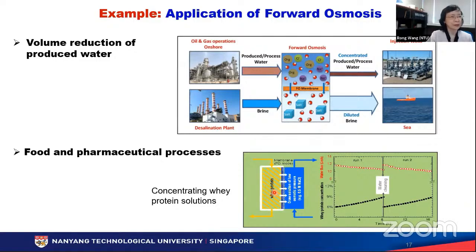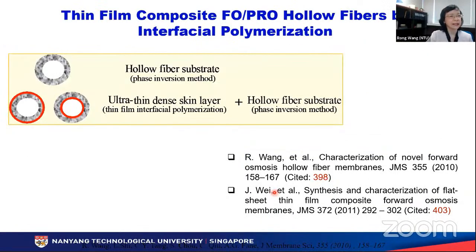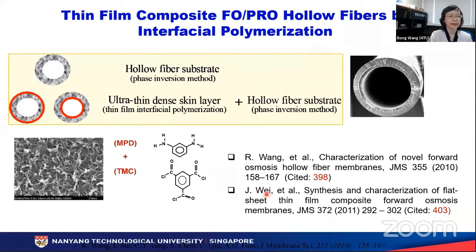However, 10 years ago, we could not find a very good forward osmosis membrane in the market. So we developed the first thin film composite forward osmosis hollow fiber membranes through interfacial polymerization. And we conducted a series of work on this topic.